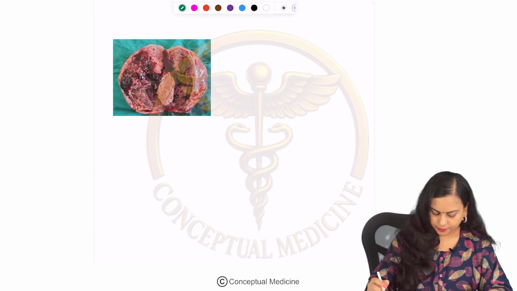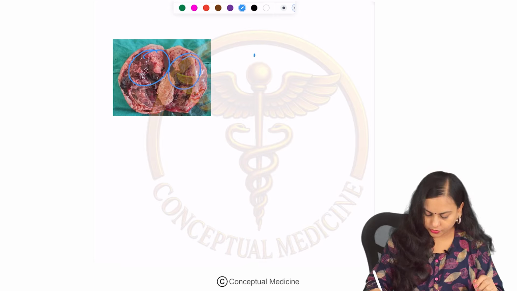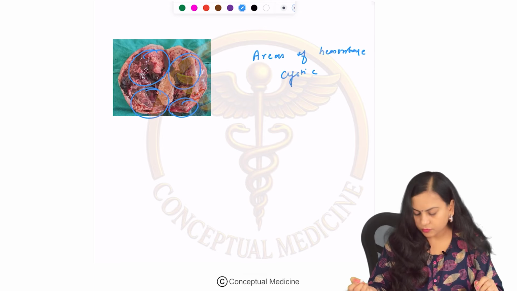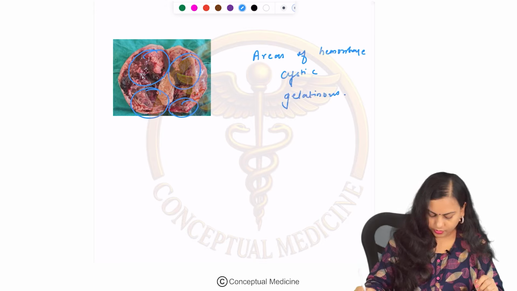Right. Now see this cut section. What are you able to see? You are able to see areas of hemorrhage, here cystic changes, and here some mucoid like substance, right? So cystic and gelatinous substances.